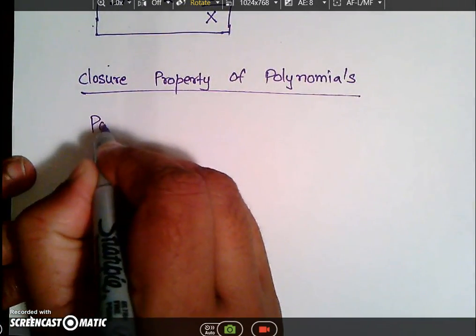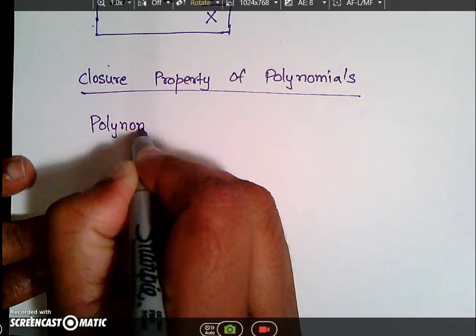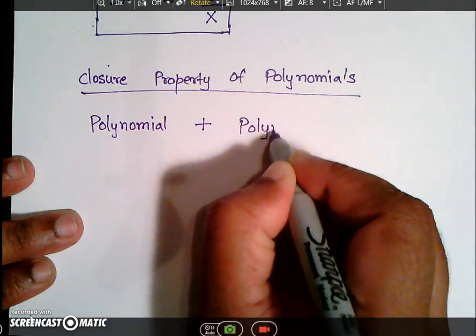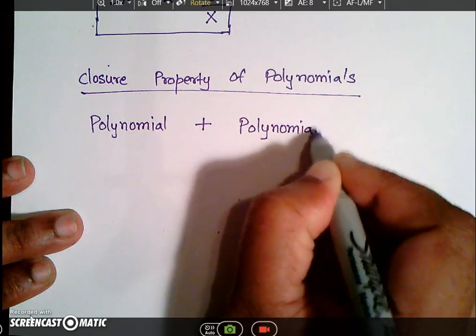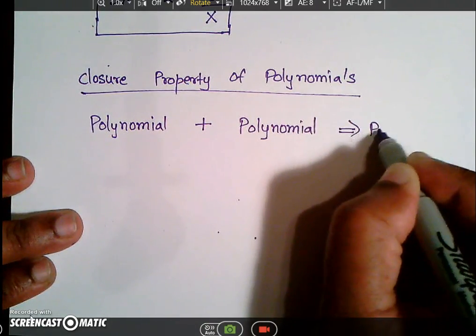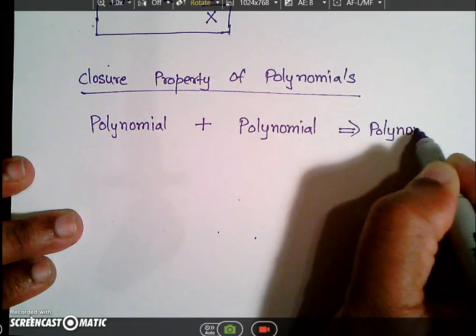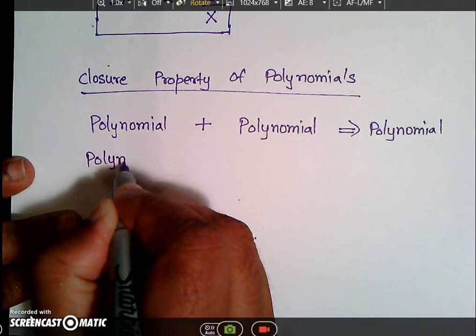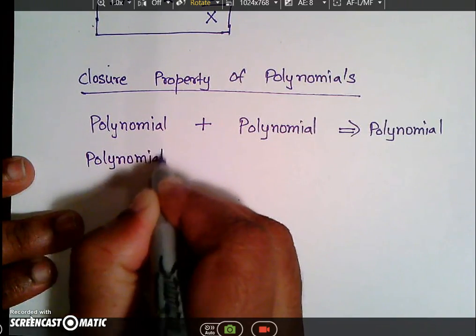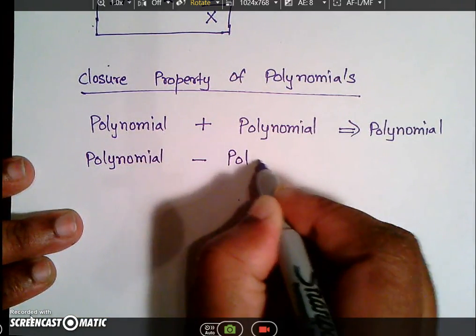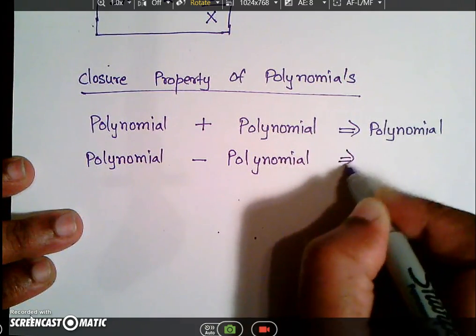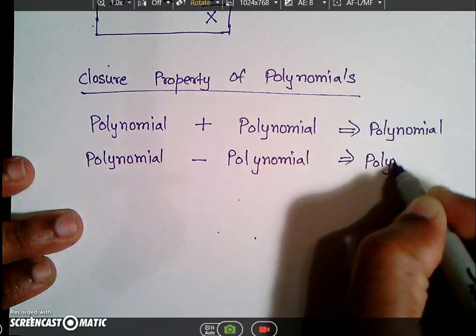When I add two polynomials, polynomial plus another polynomial will always be a polynomial. When I subtract two polynomials, my answer will always be a polynomial also.